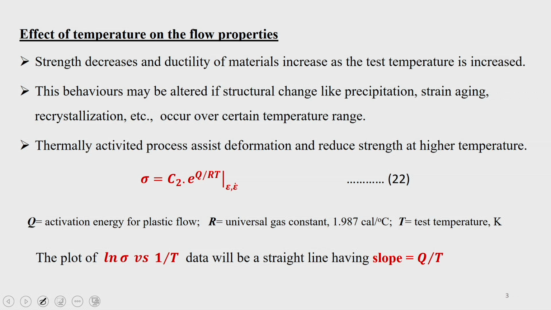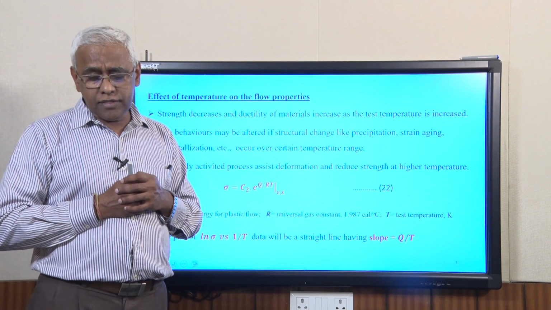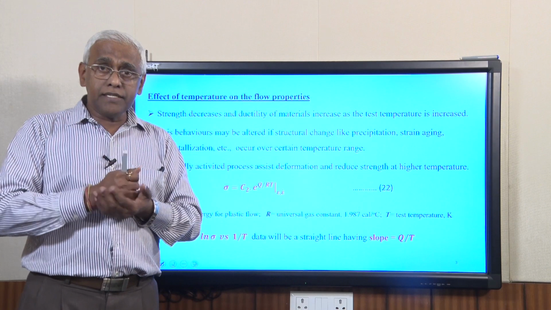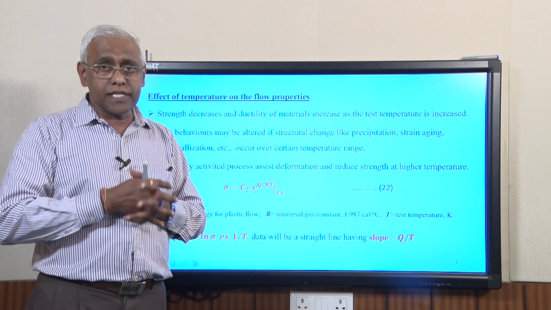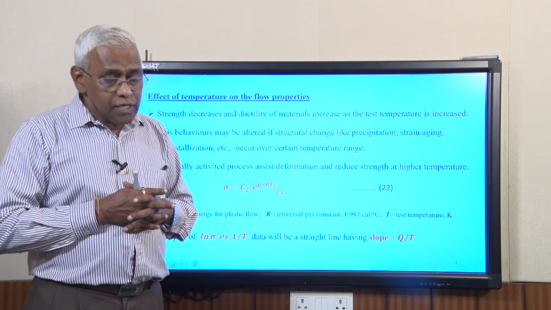So most of these thermally activated phenomena, especially at higher temperature, assist the deformation and reduce the strength. One thing is that with increase in temperature, softening takes place. Another is that thermally assisted phenomena take place.